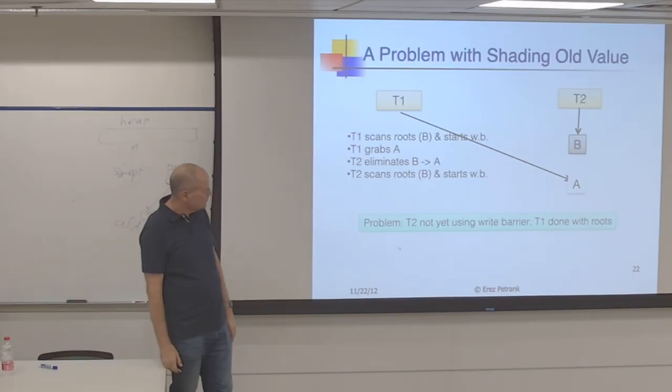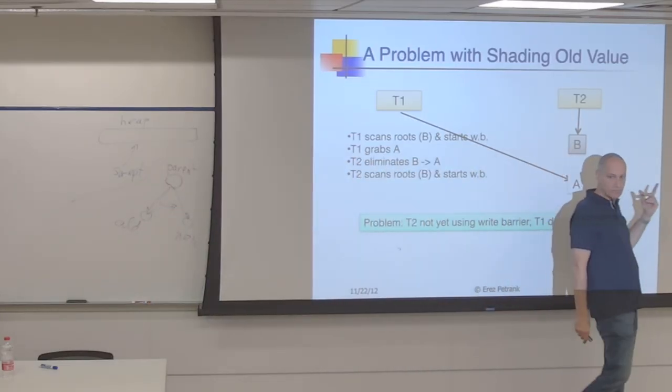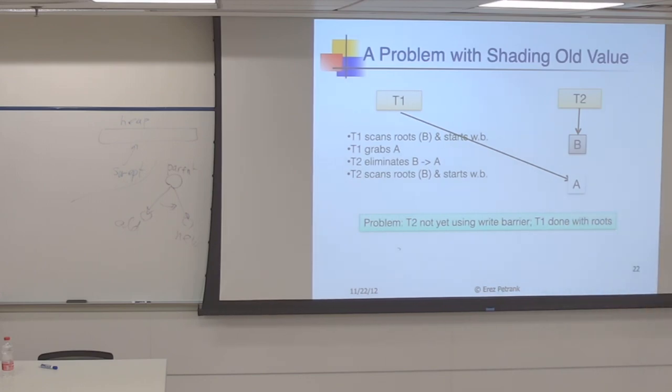So what you see here also is that A will be reclaimed, which is bad. So what can we now do? What do you suggest?